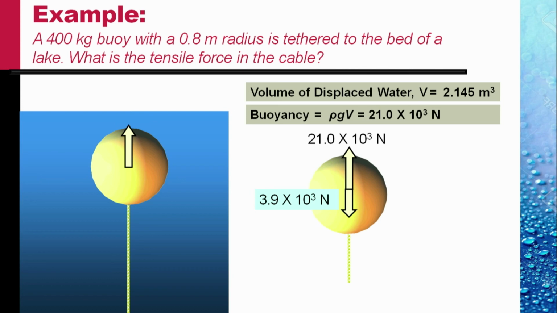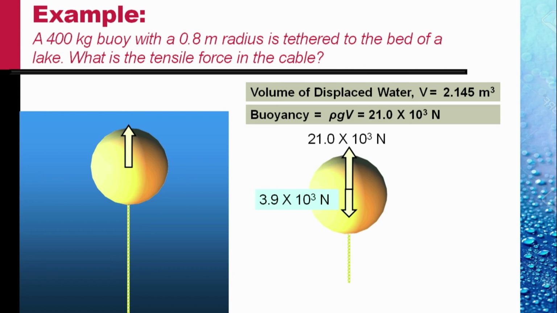To find the buoyancy, we find out the volume of the displaced water, which is spherical of 0.8 meter radius, which is 2.145 meter cube. And so the buoyancy is rho g times the volume, 21 into 10 to the power 3 Newton.